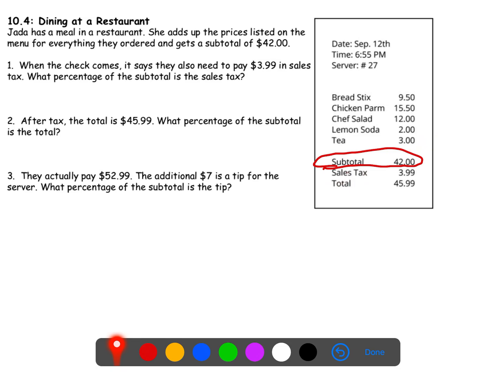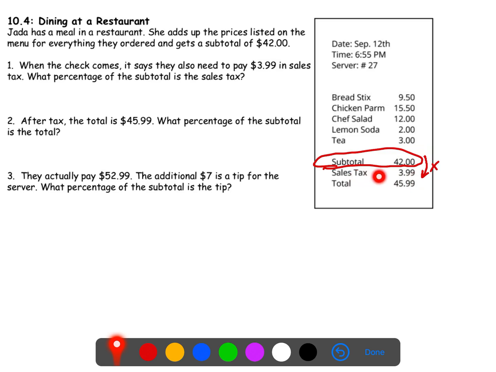Now, just like we were doing with the tables on the previous problems, we need to find that constant of proportionality. So we're looking for what can we multiply by 42 to get $3.99, that being our sales tax amount. We're going to reverse that equation, we're going to rearrange it, and we're going to divide our y by our x value.